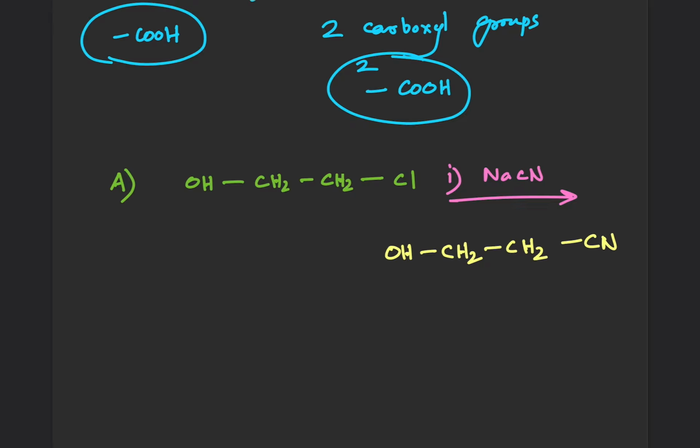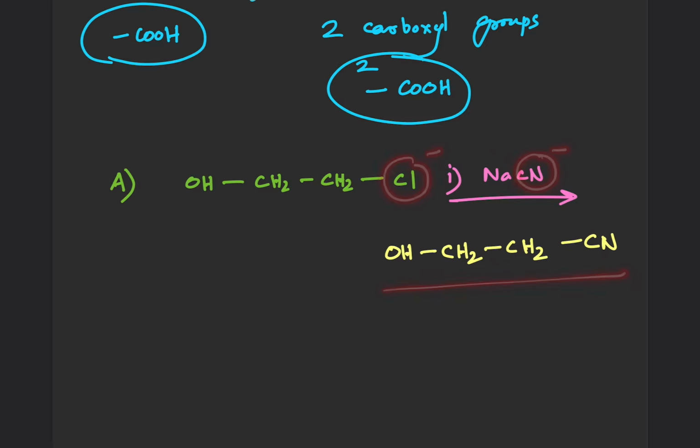Okay, so you might be having a question, why did this CN minus, the nucleophile, do a nucleophilic substitution with this Cl and not with this OH, right? That is because Cl minus is a better leaving group than OH minus. That's why nucleophilic substitution happened with Cl, and that's why we got this product.